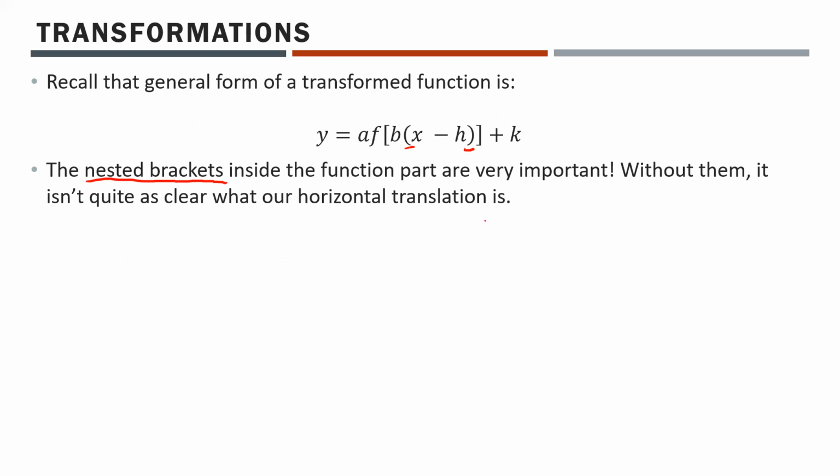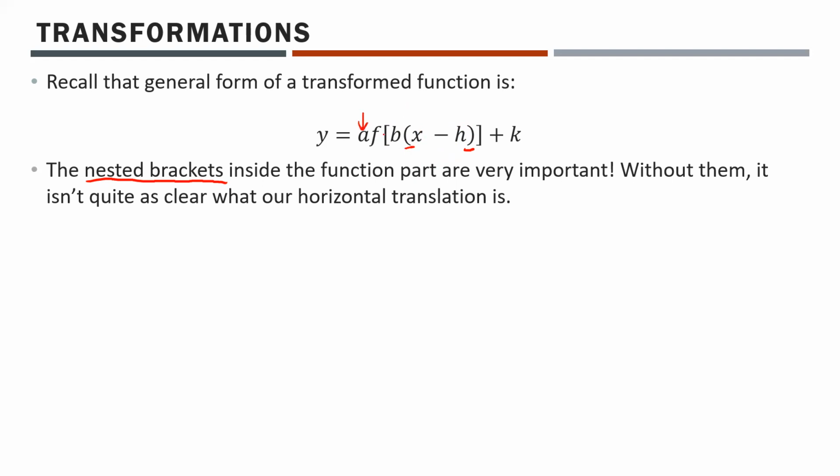If you didn't have nested brackets, in other words, if you just had the b bumped right up against x and then minus h or plus h, it wouldn't be quite as clear what our horizontal translation is, what that h is really doing. Bottom line, as simple as I can put it, it would really screw things up, right? So when you have a transformed function, it's always ideal to have those nested brackets if you have a b value.